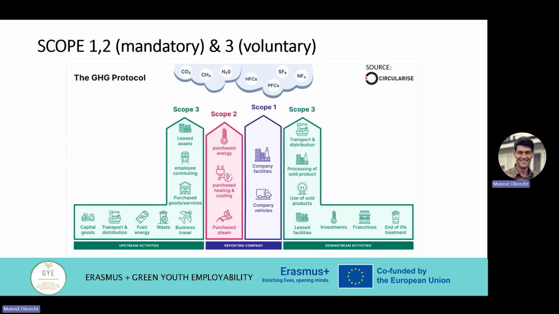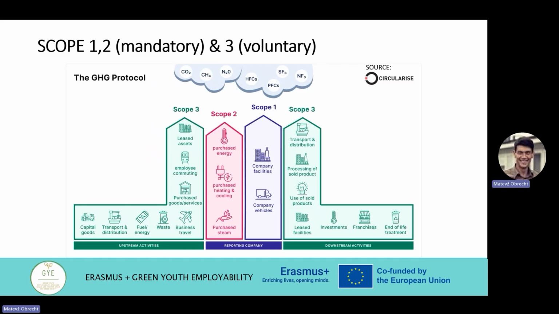If we start with scope 1, scope 1 are direct emissions. Those are the emissions from the company facilities and from the company vehicles. If we are producing, I don't know, some kind of iron products and we are having some emissions directly from the company, this goes to scope 1. If we want to deliver our products to our final customer with a company truck, that goes to scope 1 emissions.